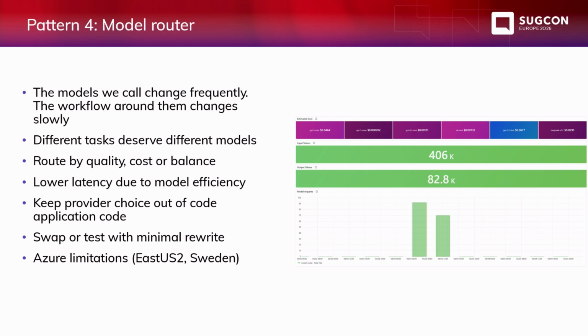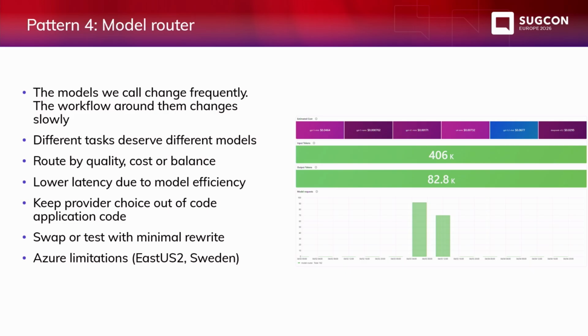If you are able to remove the job of a code-based migration into a process like this, I'd probably argue that cost isn't a huge factor, because you're reducing costs on people having to do this work manually. But in any case, we configured it for a balanced approach. The other thing you get with that is lower latency, because you could be routing to models that are designed for low latency and efficiency.